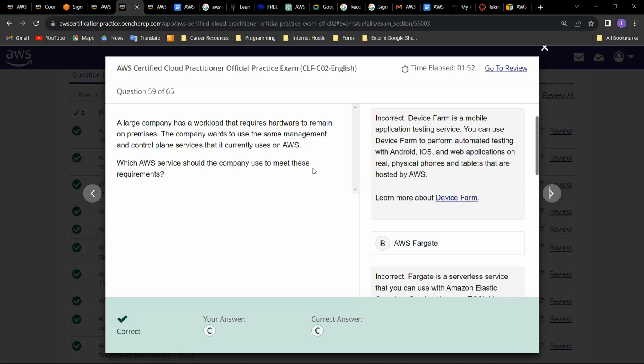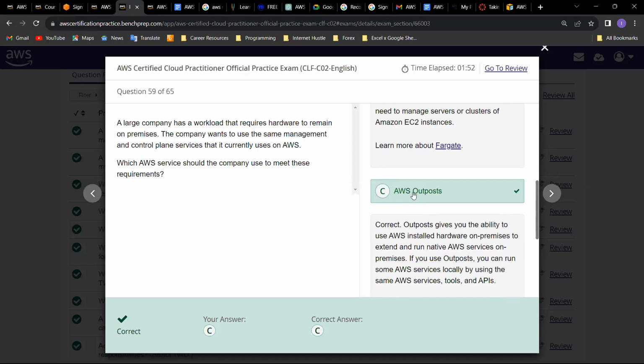I've forgotten. But then, yes, they require the hardware to remain on premises, but the company wants to use the same management and control plane that it currently uses on AWS.